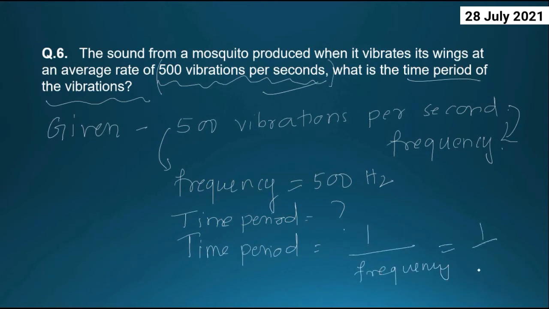That's equal to 1 upon 500. So how much is 1 upon 500? It is equal to 0.002. Since it's a time period, it should be expressed in second. Simple one. So remember that if I write frequency as f, frequency is equal to 1 upon T, where T is the time period.